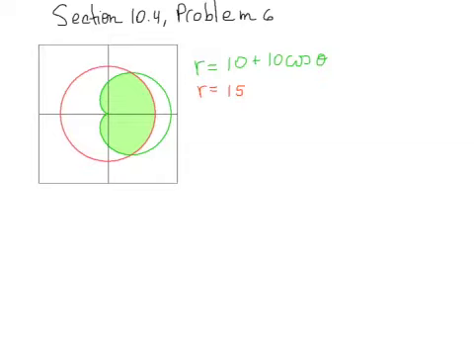So I'm going to have to find the points of intersection here, which are this point and this point. So what I really need is to know what angle that is and what angle this is. Okay?